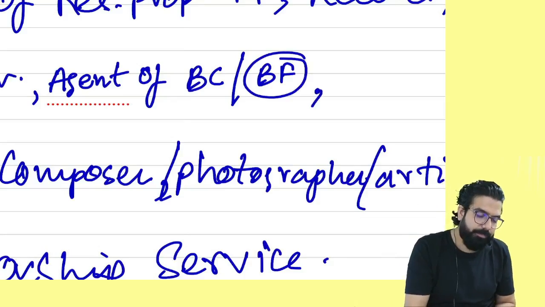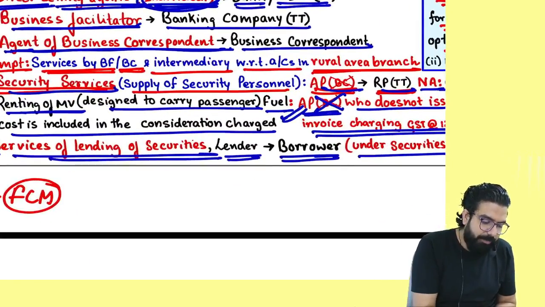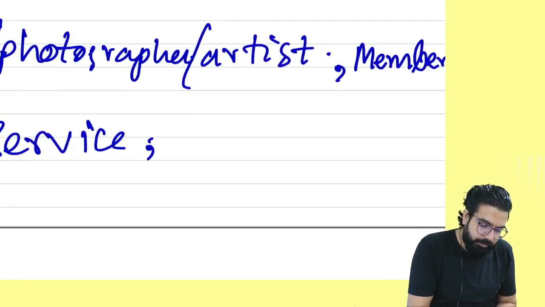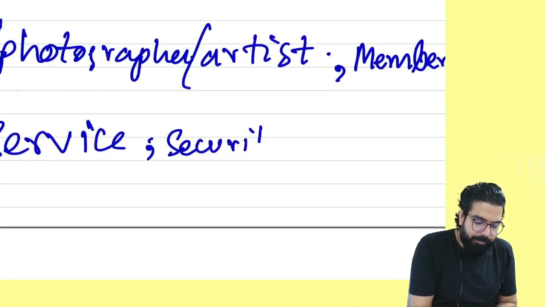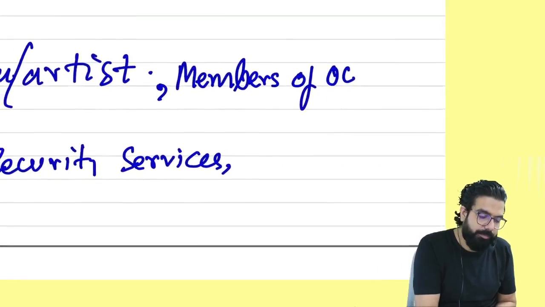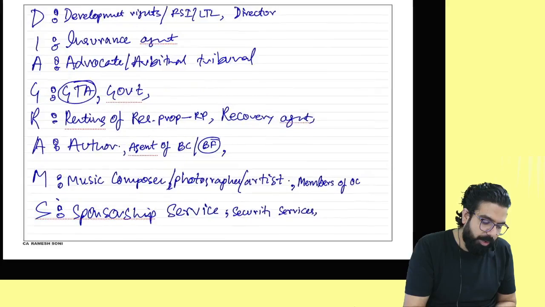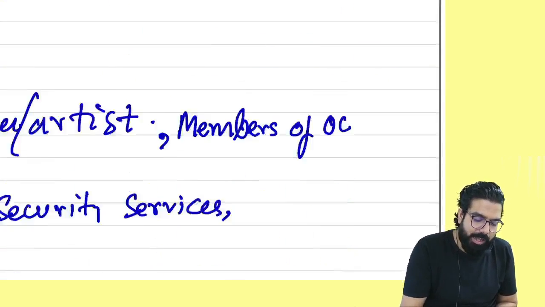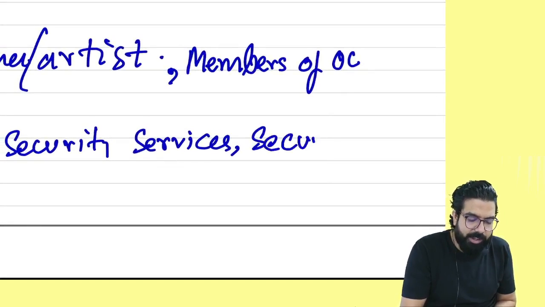Then after that, what do we have? Security services. The next one, renting of motor vehicle. R for renting of motor vehicle. And the last one is securities lending.